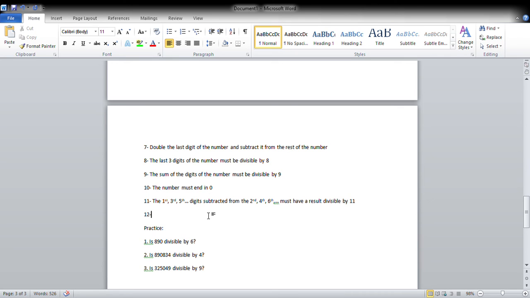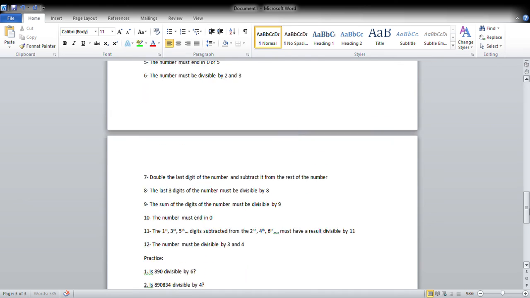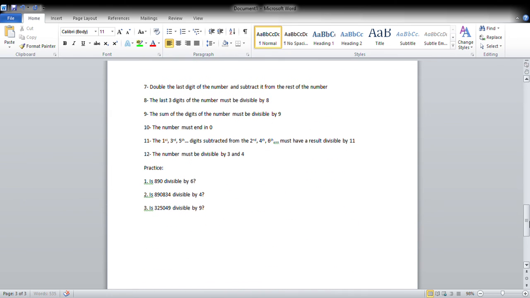And the divisibility rule of 12 is the number must be divisible by 3 and 4. So that's all the divisibility rules from the numbers 1 through 12.